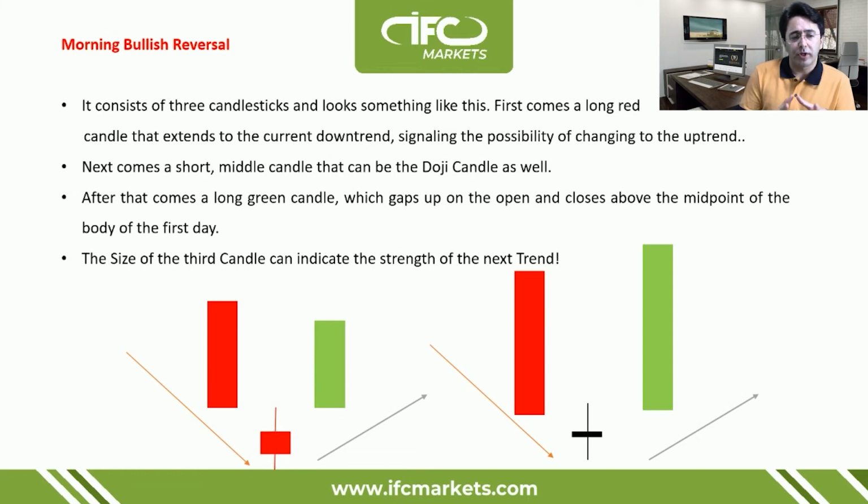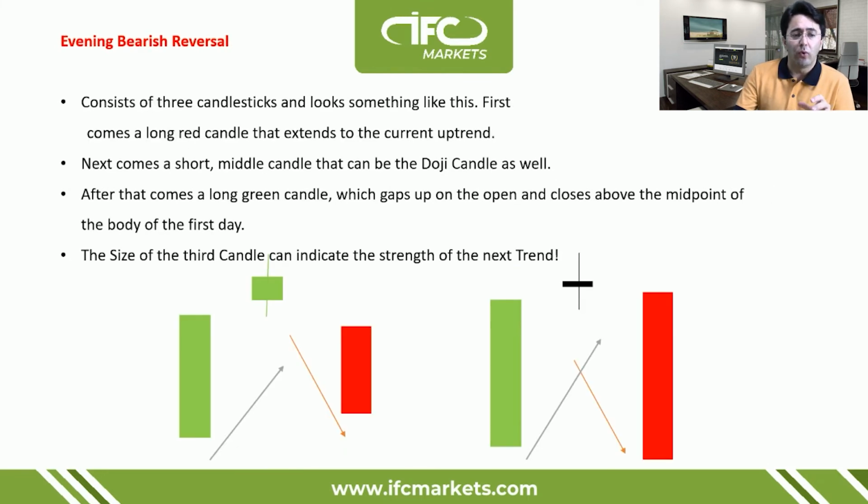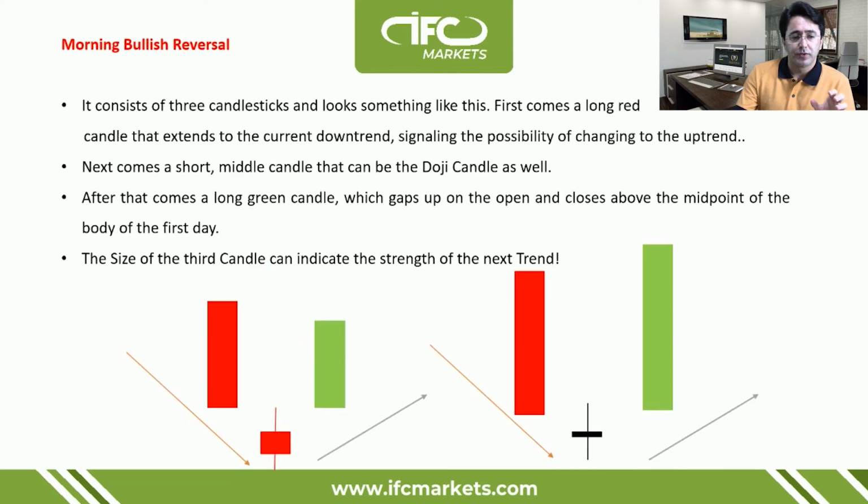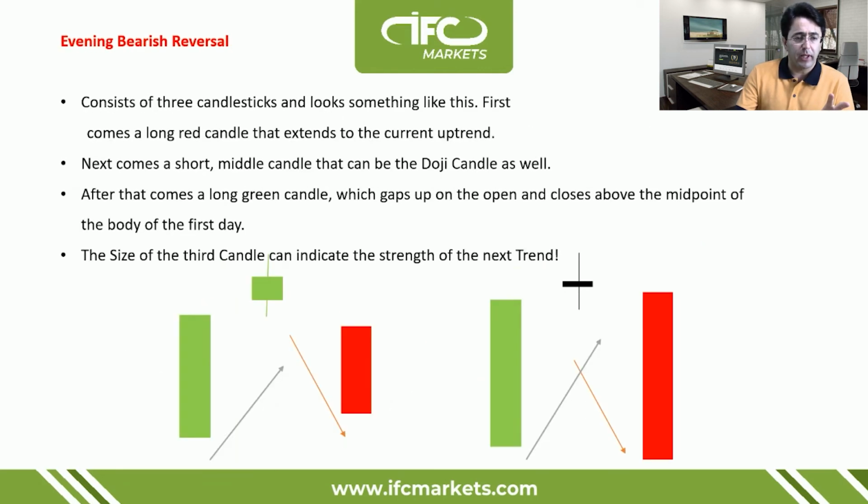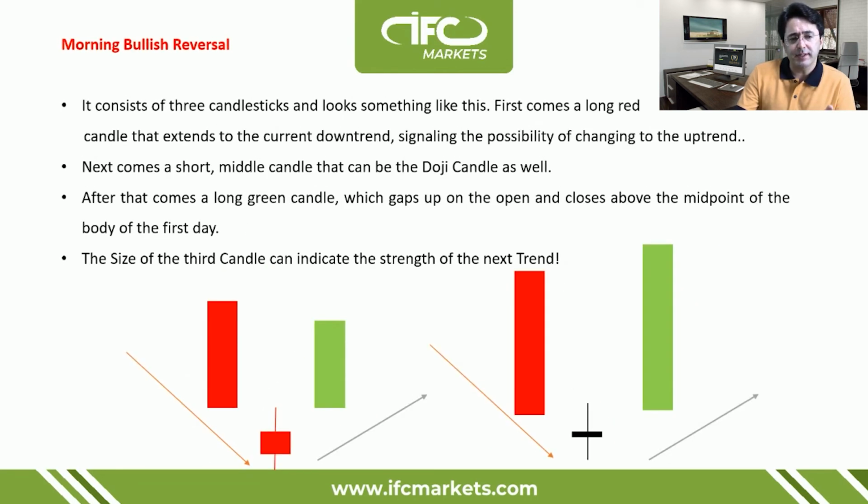Next one is the morning bullish reversal or evening bearish reversal. Let's see what's the difference. Morning bullish reversal is a pattern consisting of 3 candles. First one is the bearish candle. Next one can be a very small bearish candle, or it can be a doji.